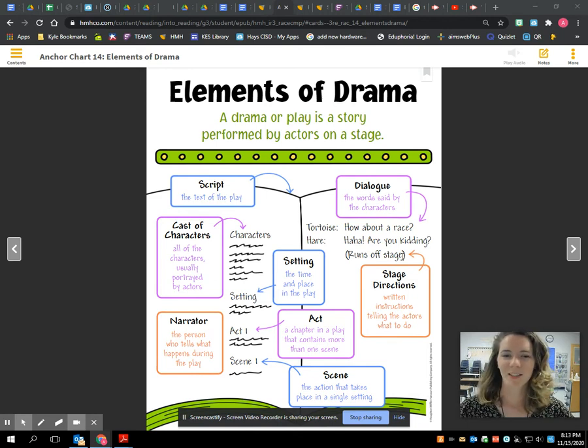What this part of the text is telling us, and the reason why it's in those parentheses, is that it's telling whoever's playing the role of hare what to do with their body. So they say, "Ha ha, are you kidding?" And then they're supposed to actually move and run off the stage. So our stage directions are the written instructions telling our actors what to do with their bodies.